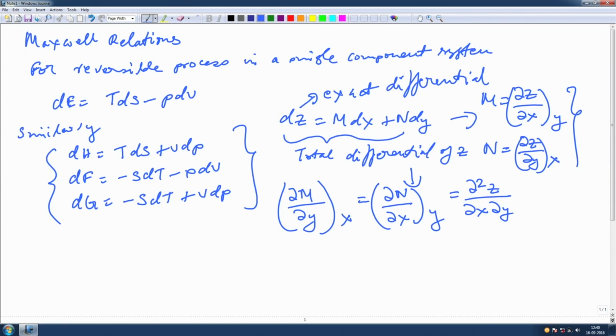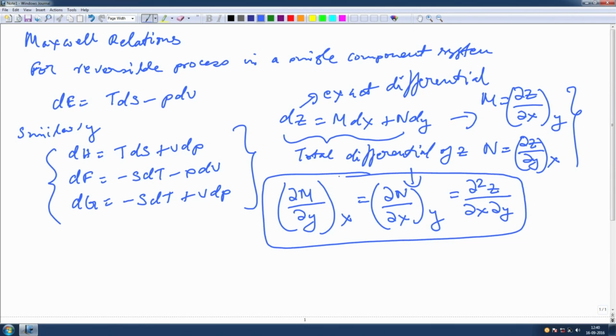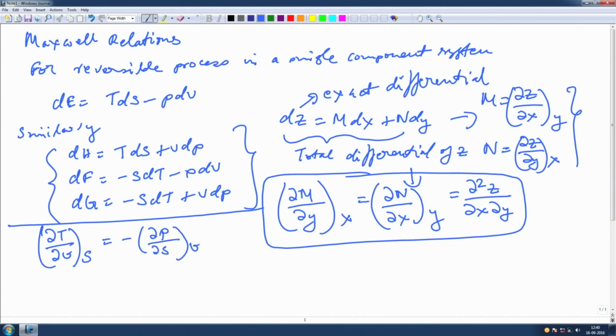Now using this format, we can cast all the equations and derive some handy relationships which are called the Maxwell relations, for example, equal to minus dP by dS at constant V. So you can see we have 4 fundamental equations and we have this relationship that we can write.